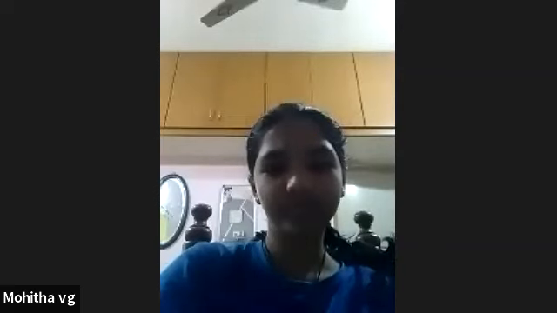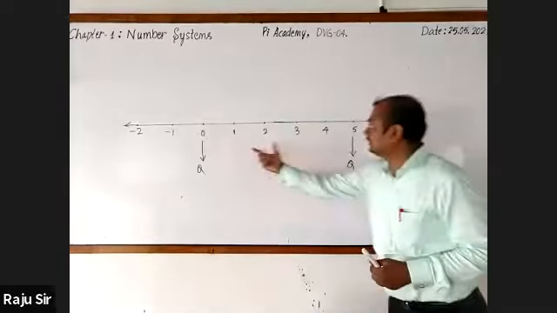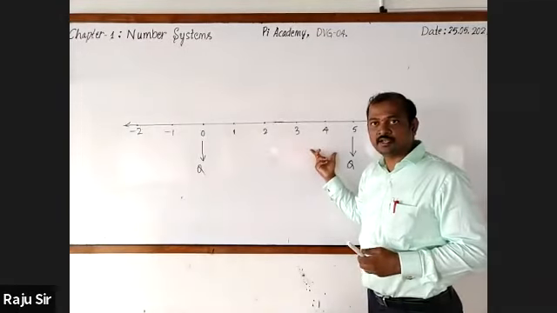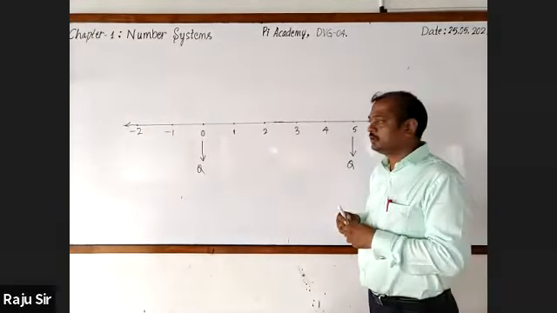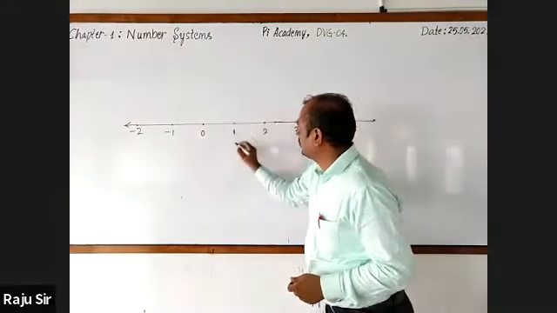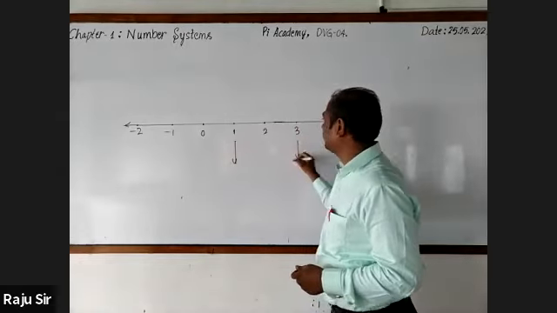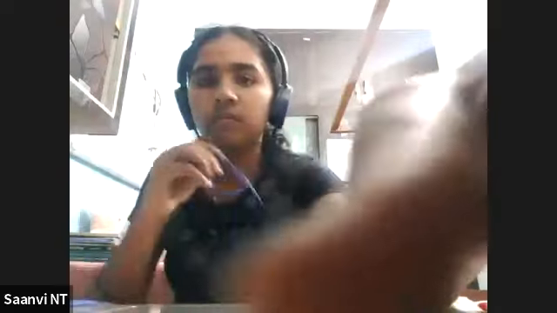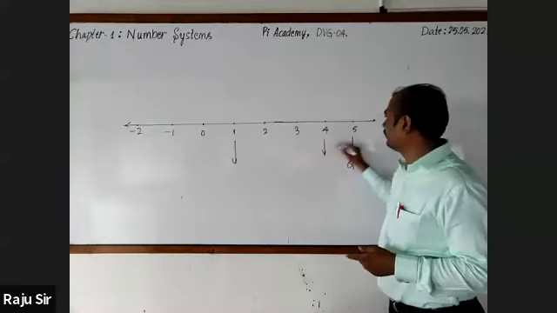You are right. Between 0 and 5, there are 4 rational numbers. Now, between 1 and 3, how many rational numbers are there? One. Between 1 and 4, two are there, 2 and 3. Right?